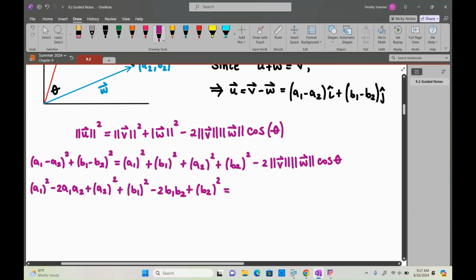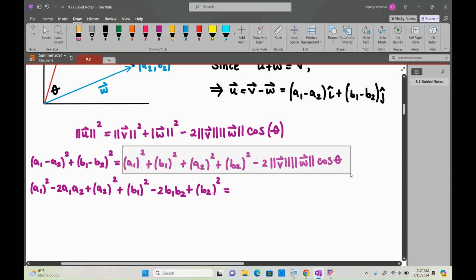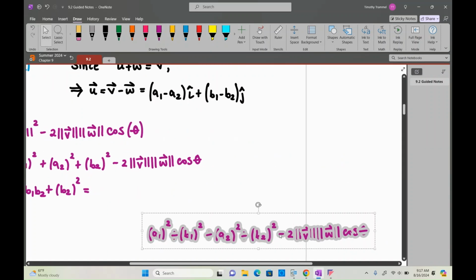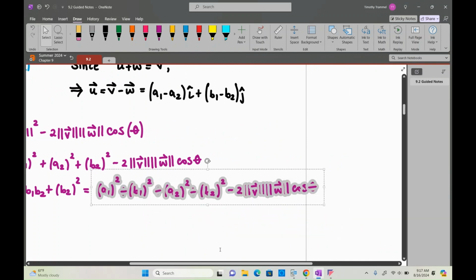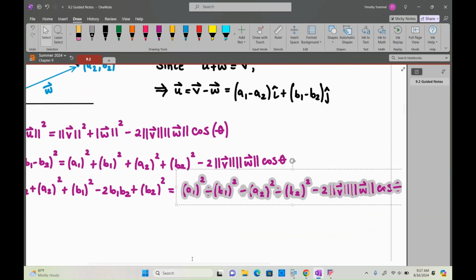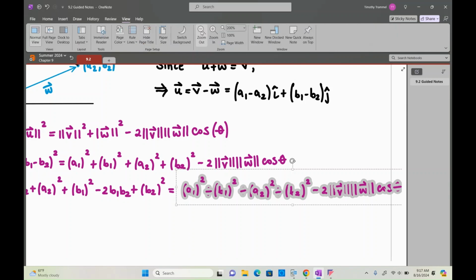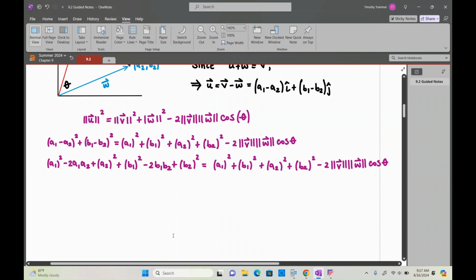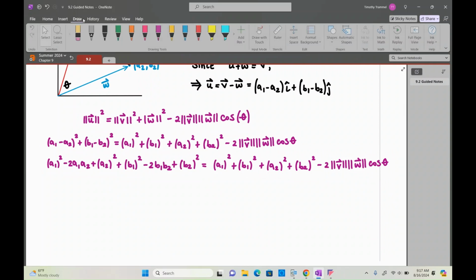And then this is all still equal to all this stuff over here on the right. I think I'm going to make my life a little bit easier and just copy this over. And I think I'm going to have to zoom out so that we can actually see what cancels. There we go. Okay.